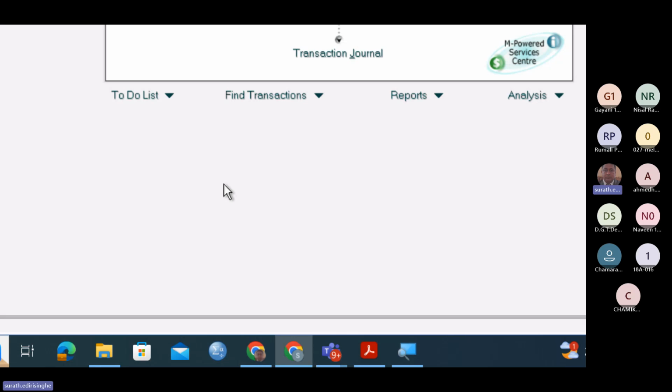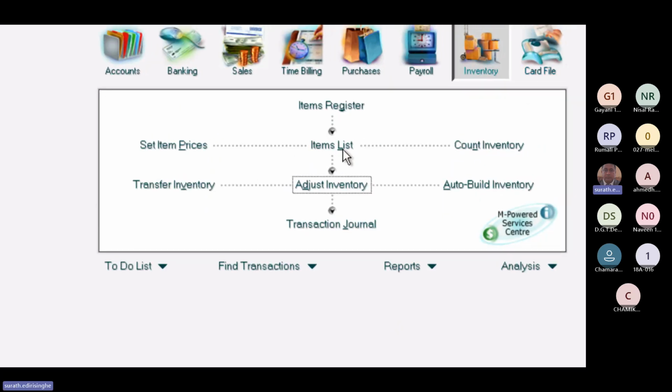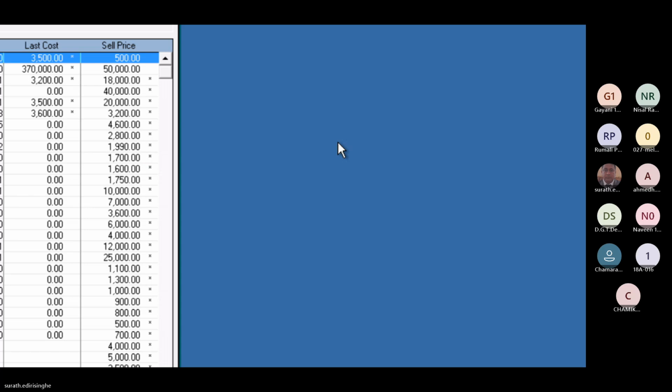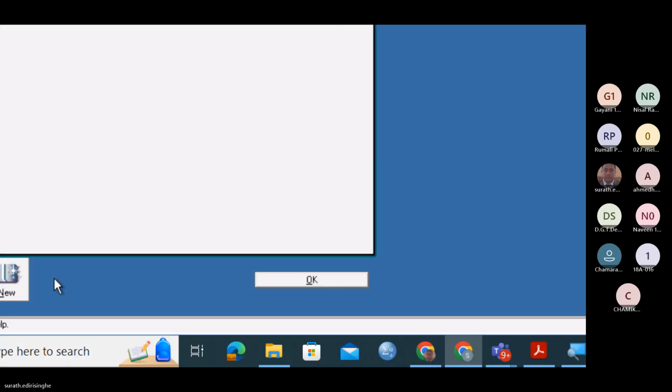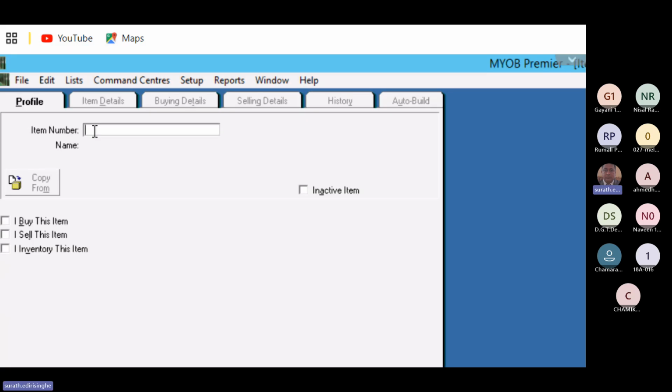First, you create the inventory item. Go to the inventory item, new item, create the item called rubber mat.